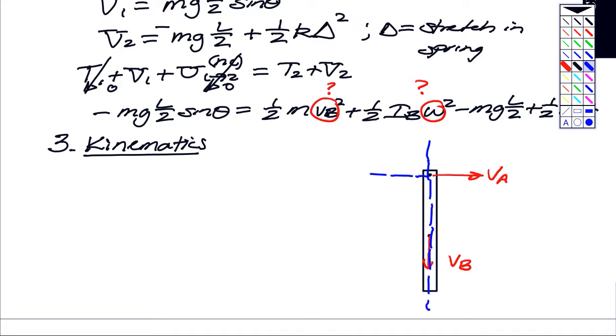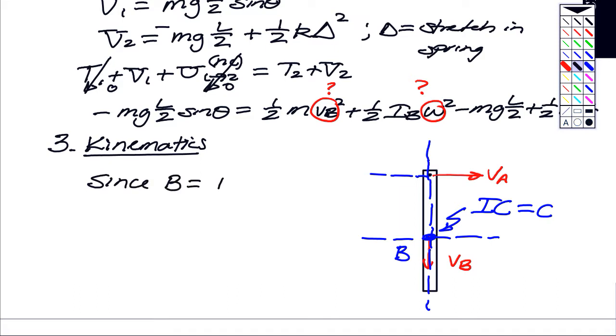We draw perpendicular to the velocity of B at B, and we conclude that the instant center, let's call that C, is actually at point B. So since B is the instant center for the door, it implies that the speed of B at that position must be equal to 0.